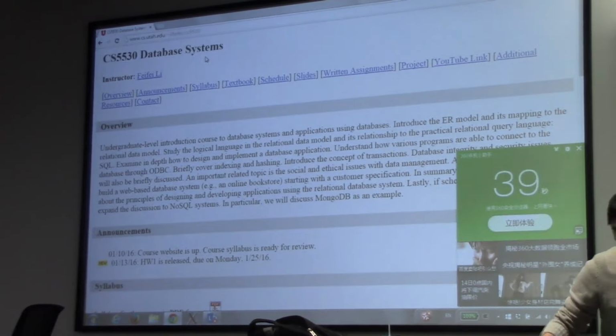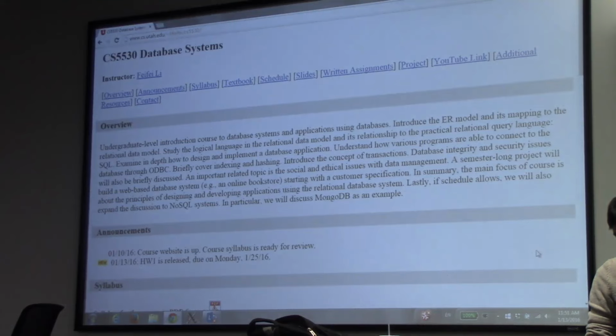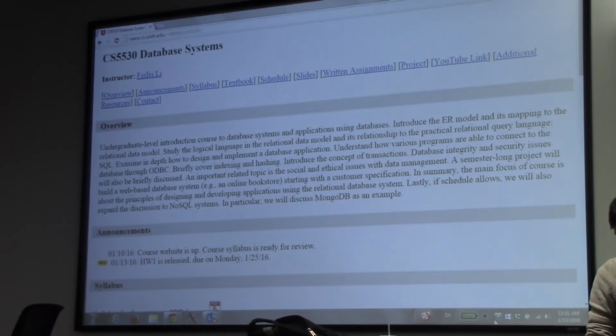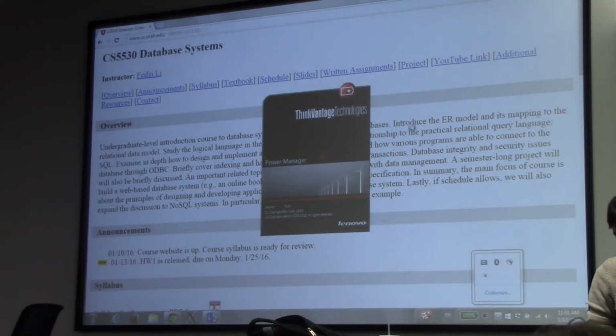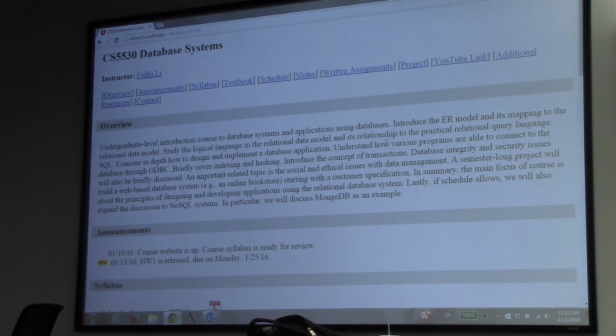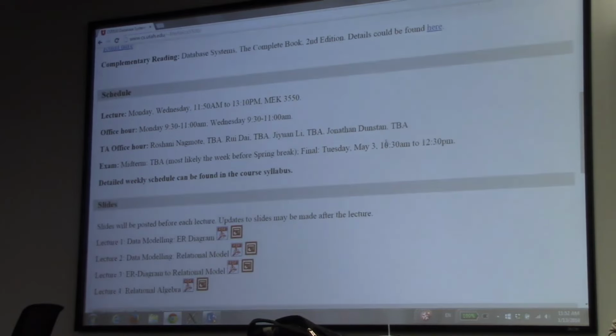Hey guys, let's get started. Okay, this one is still lagging behind, but I think the signal will come out over there fairly quickly as well. So what we are doing today is continue our discussion on ER diagram.